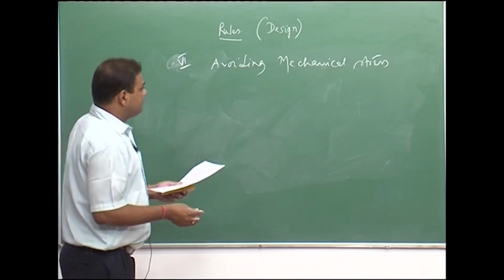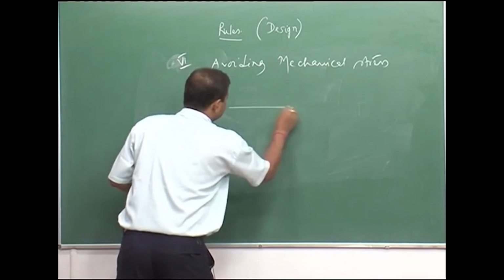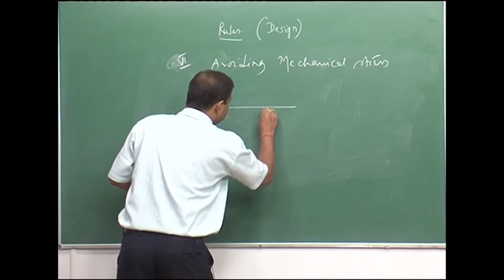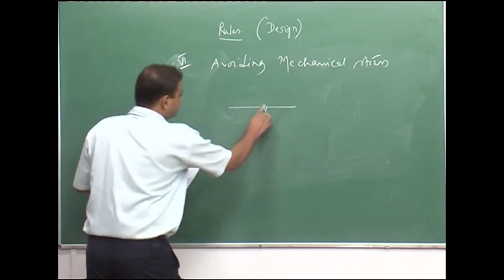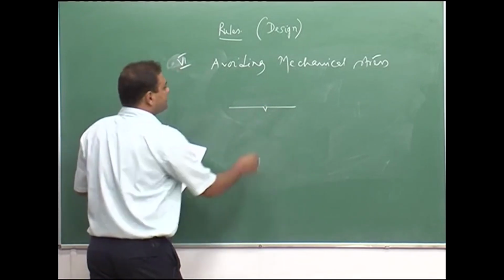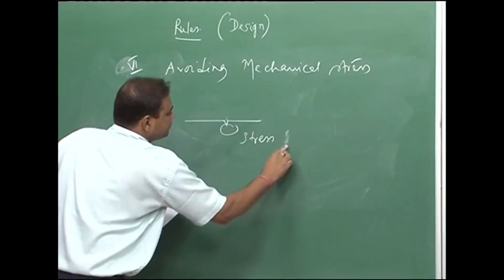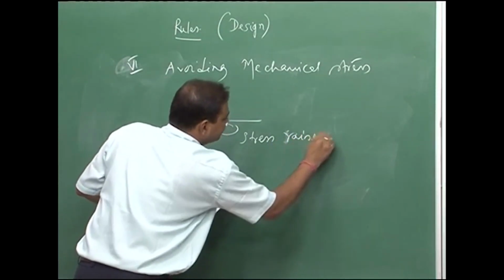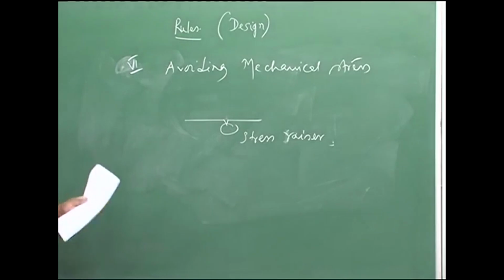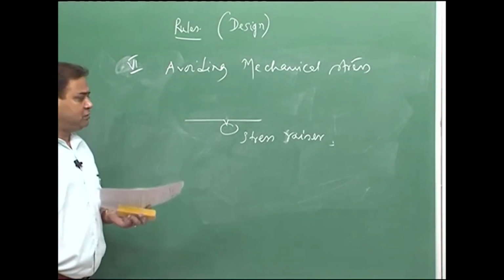For that, there should not be any sharp corner like this, or sharp crack like this. These basically act as stress raisers. Wherever needed, the surface should be very smooth.